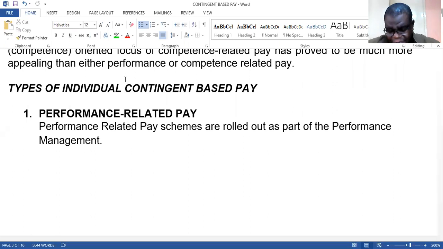So if you look at the civil service, the increment is primarily based on number of years of service. With every year of service, you get an increment.